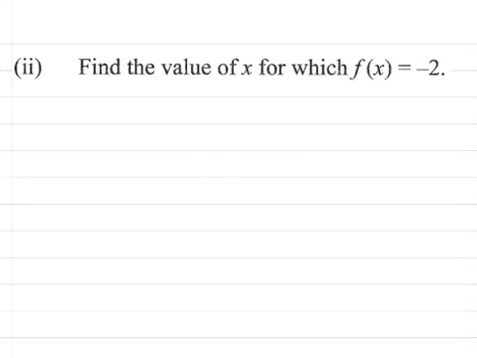Part ii says, find the value of x for which f(x) is equal to minus 2. So f(x), which is 1/2 x - 3, is equal to minus 2. What we want to find is the value of x that is going to cause f(x) to be minus 2.